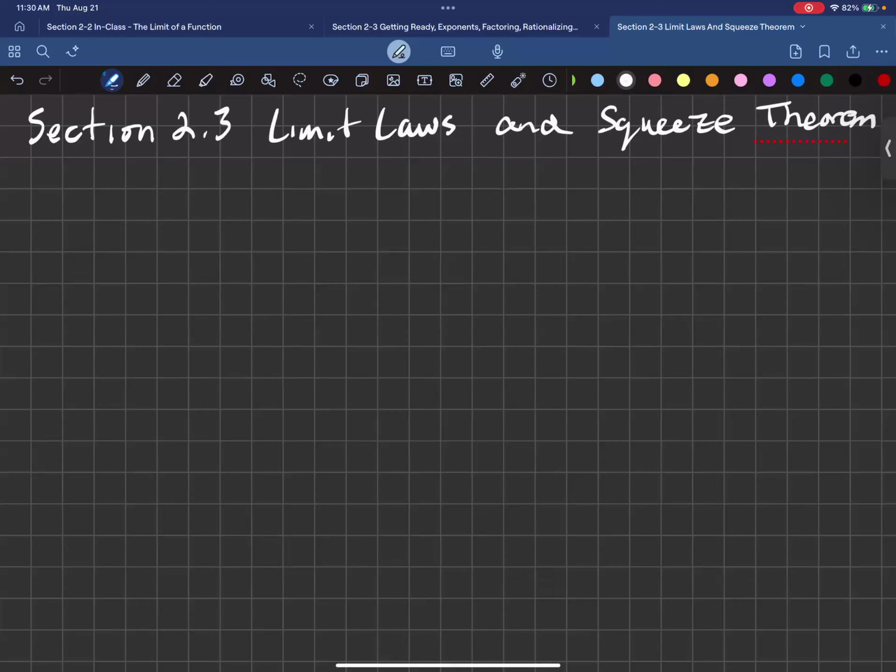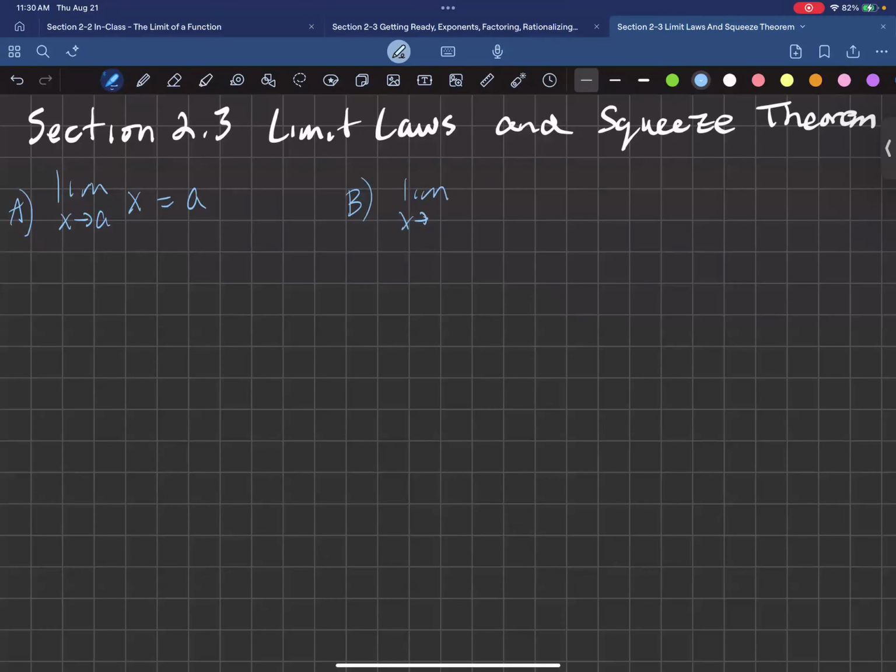So previously we've seen a couple limit rules in another section. We've done, let's call this limit law A, the limit as x goes to a of x equals a. And we previously saw the limit as x goes to a of c equals c. I'm pretty sure that was listed in the last section.